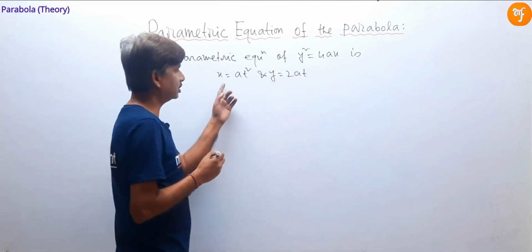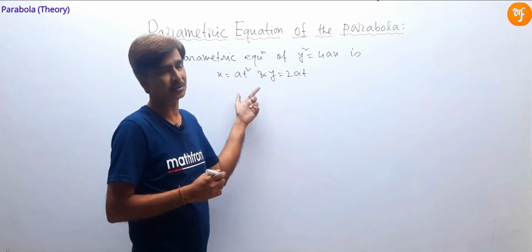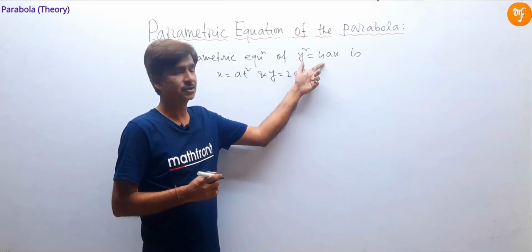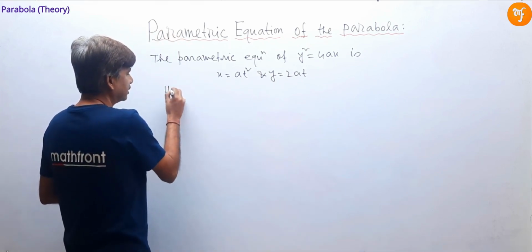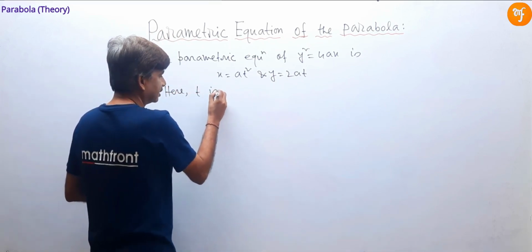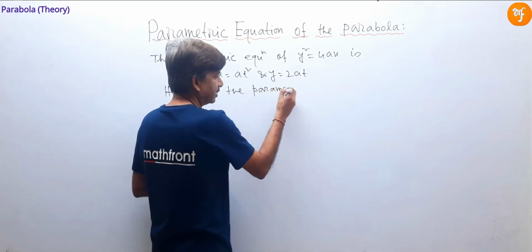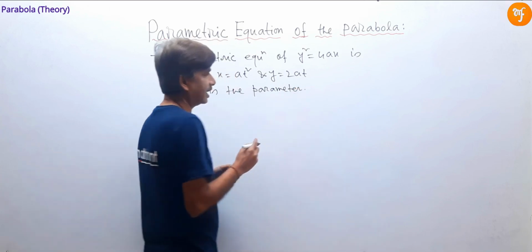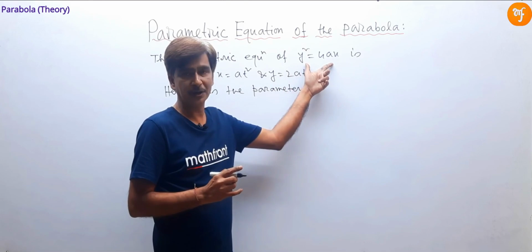So these two equations together represent the parametric equation of the parabola y square is equal to 4ax. Here t is the parameter, and we know that x comma y is any variable point on the parabola.